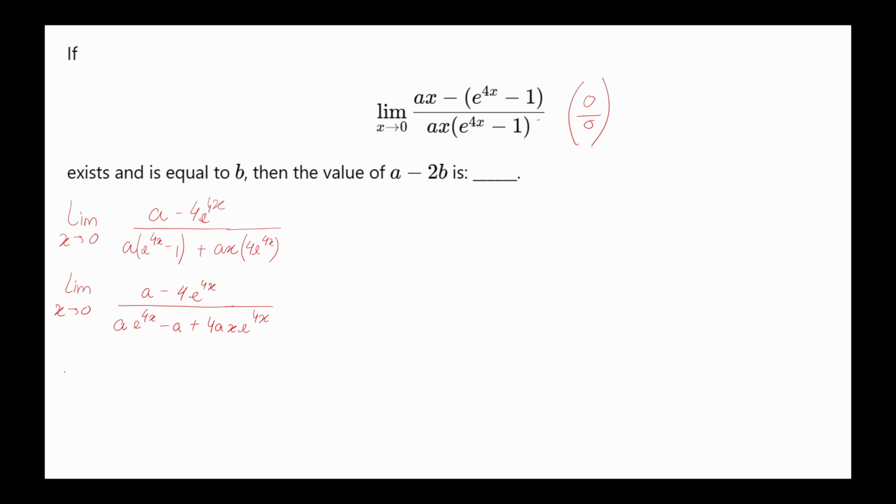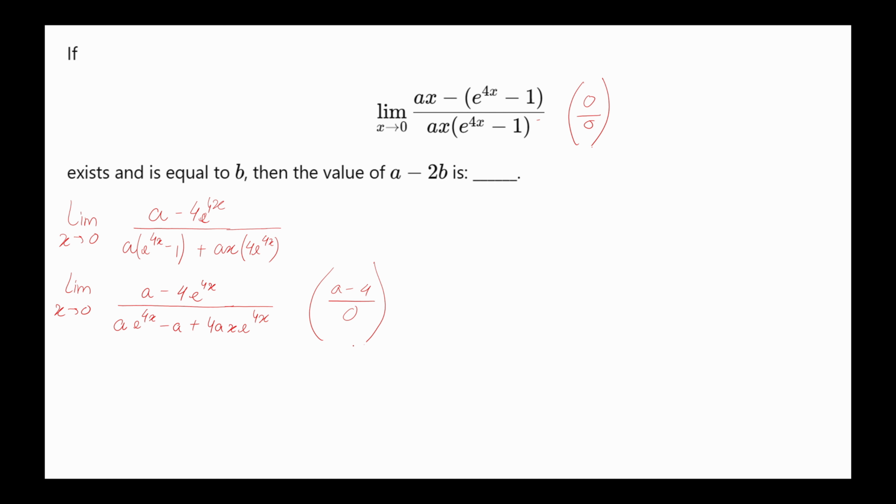In the numerator, I would have a minus 4. However, in the denominator, if I put x to be 0, it would become 0. That means you can see that the limit is coming out to be not existing. So how can I make this exist? Only if this becomes an indeterminate form again, so that I can differentiate it again and see if I can get a finite value or not.